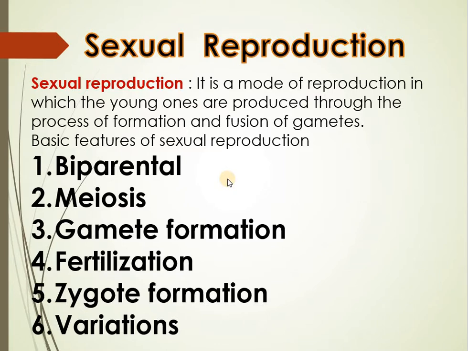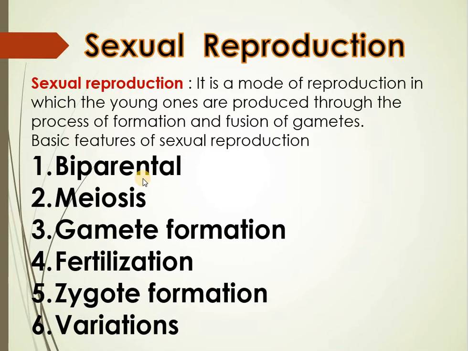There are some basic features of sexual reproduction. So let's discuss some of them. Firstly, it is a biparental mode. That means sexual reproduction commonly involves two different mature individuals called the parents.